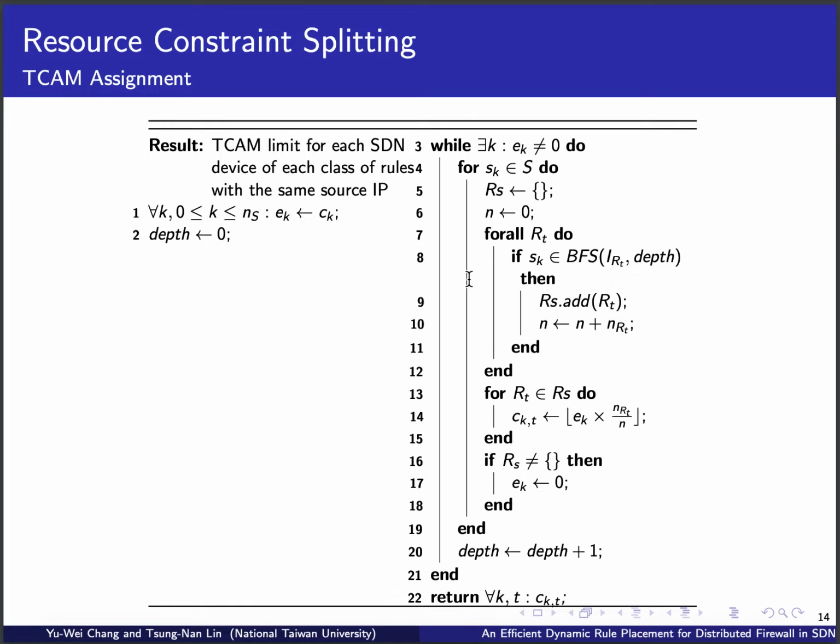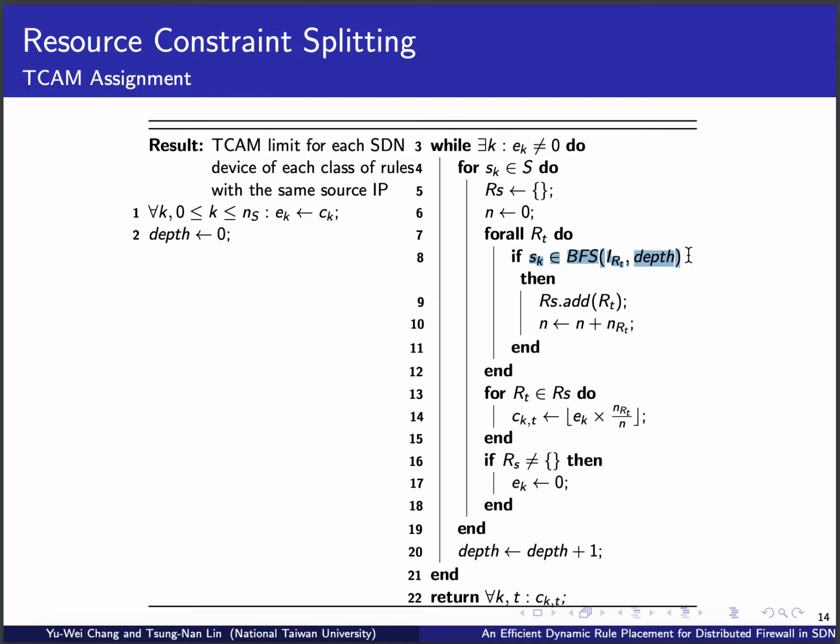Each small integer linear program is assigned memory according to a breadth search, and this is because for each small ILP problem, these rules will be placed further upstream, that is, near the source IP.